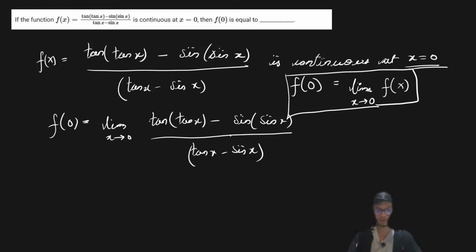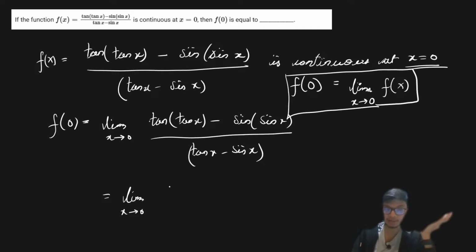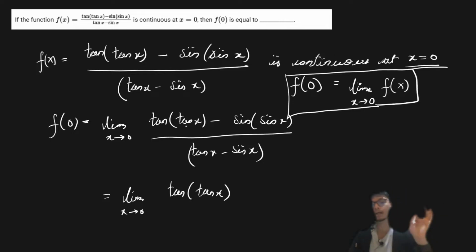Now I am going to do some simplification over here. First, I can write this same expression in a different form. Maybe you can solve it by using tan x by x tending towards 1 as x tends to 0, something like that you can also do.